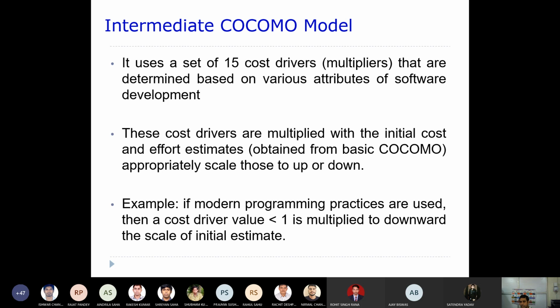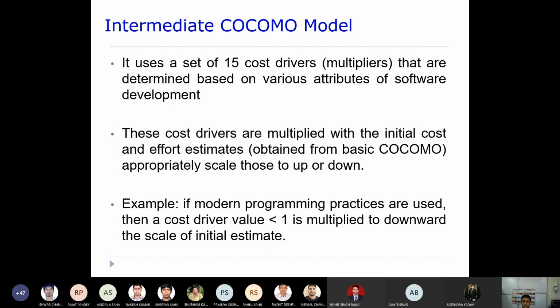Now, why will this effort decrease? Let's say yesterday you were using the C programming language to develop the software, and today you are going to use an object-oriented programming language. You know that object-oriented languages are better in terms of reusability.